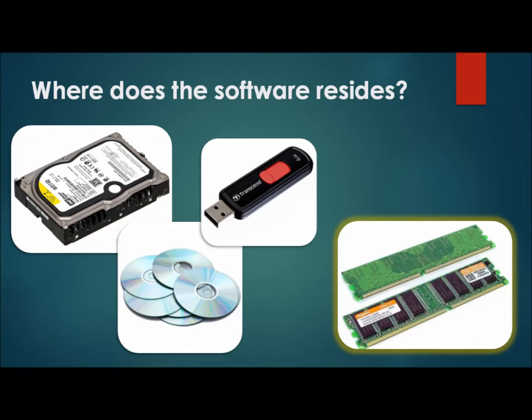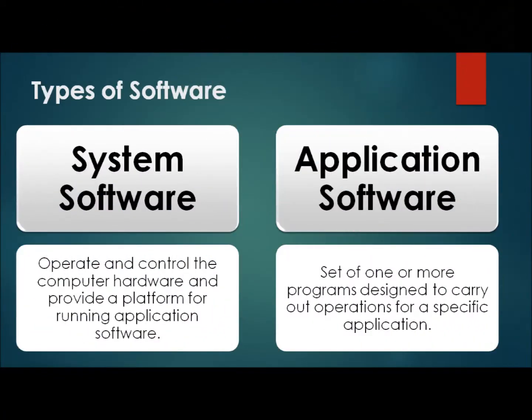But to process the instructions, it needs to be loaded into the computer's random access memory, the RAM, prior to the execution of each instruction. Generally, software can be divided into two main categories: system software and application software. These are the two major categories.